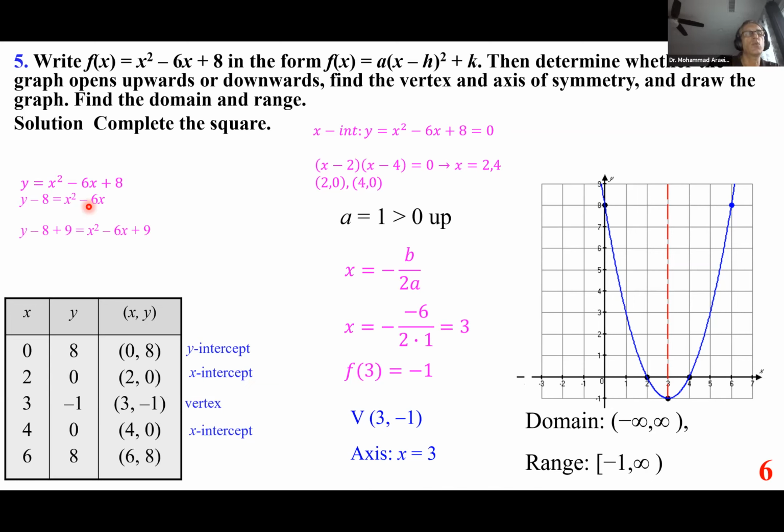Left side is y plus 1, and right side is x minus 3 quantity squared. All you have to do is move the 1, and it makes a -1 on the other side. So if you look at this one, it also gives you the same vertex of (3, -1). Again, if you are asked to use a specific methodology, you do that, otherwise you don't have to.